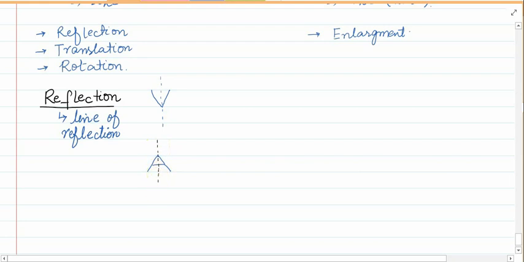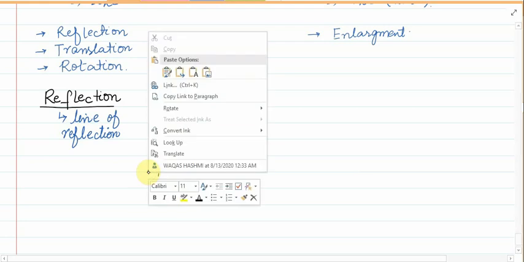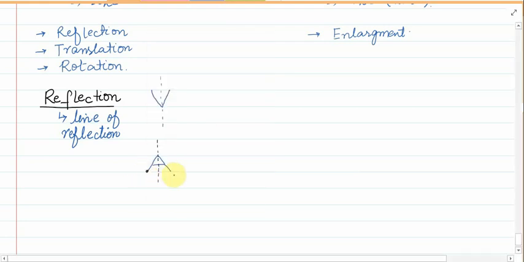So this line is a line of reflection, right? With respect to the line of reflection, the point on the left side and the point on the right side must be equal as compared with the line of reflection, right? The same concept you have studied in the topic symmetry. So that is a line of reflection: the distance must be the same for the object and image from the line of reflection.